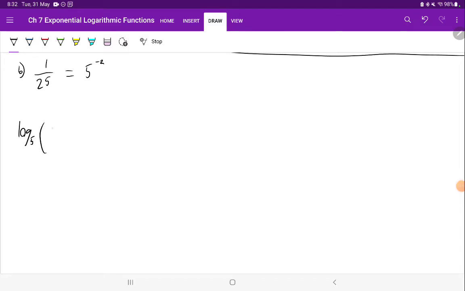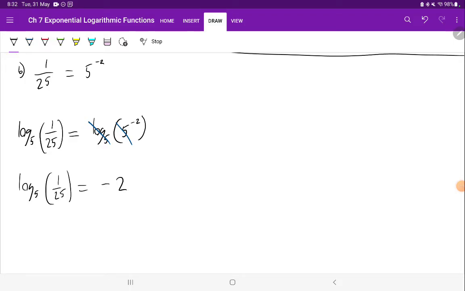So the log base 5 of 1 over 25, well that's equal to log base 5 of 5 to the negative 2. That cancels the base on the left, and so we're left that the log base 5 of 1 over 25 is equal to negative 2. Which makes sense, because reminder, this is equal to 1 on 5 squared, which is 1 on 25. So we're not making things up here.